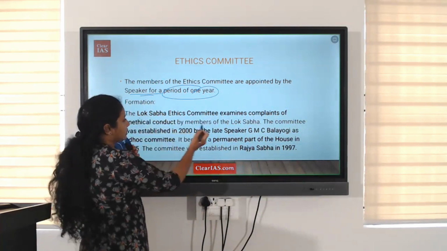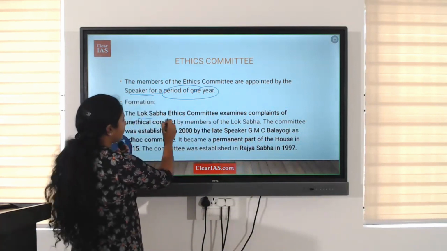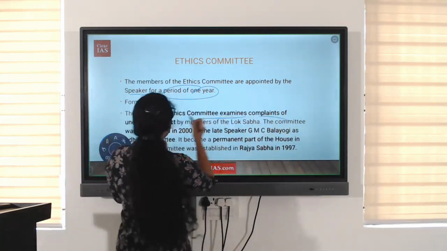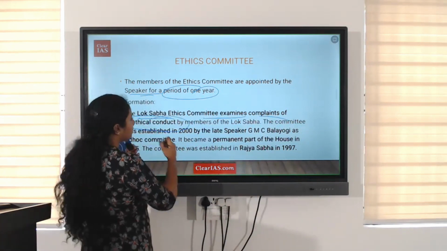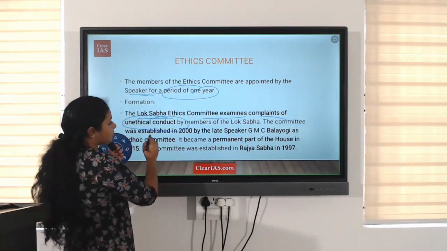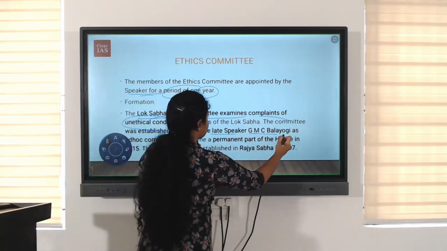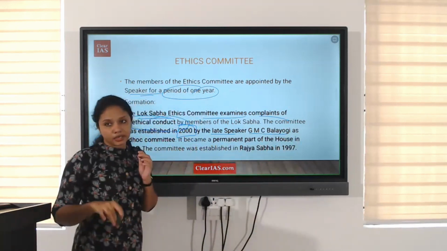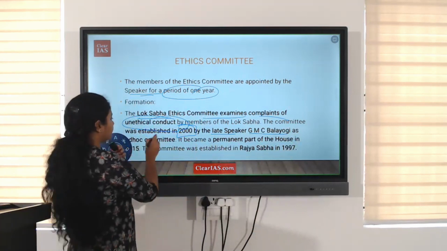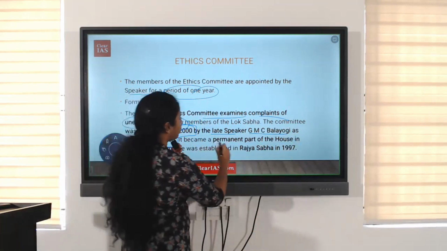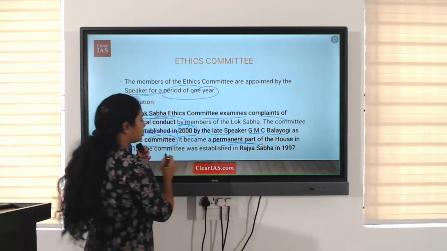Lok Sabha ethics committee formation. The Lok Sabha ethics committee examines complaints of unethical conduct by members of the Lok Sabha. The committee was established in 2000 by the late Speaker G.M.C. Balayogi as an ad hoc committee. But later it became a permanent part of the House in 2015.